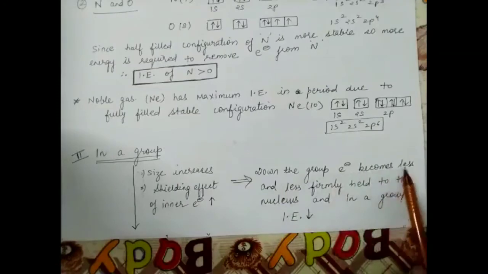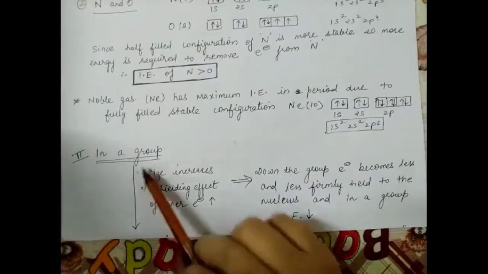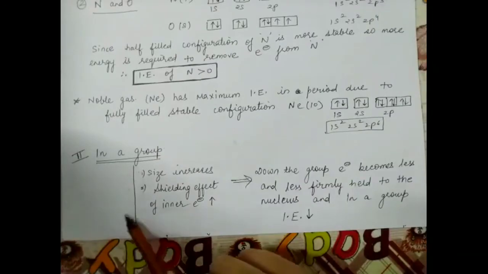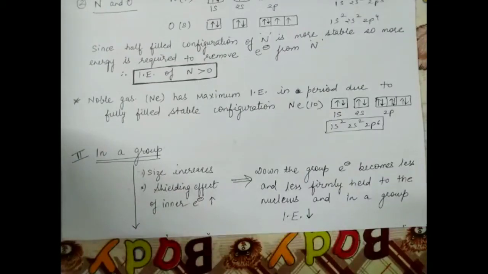The electrons become less and less firmly held by the nucleus, and in a group ionization enthalpy will decrease. It means as we move down the group, we have to supply less energy to remove the electron. It means the lower members of a group can lose electrons easily. That's why down the group your metallic character increases, because what are metals? They have the tendency to lose electrons. So down the group, without any exception, the ionization enthalpy decreases.